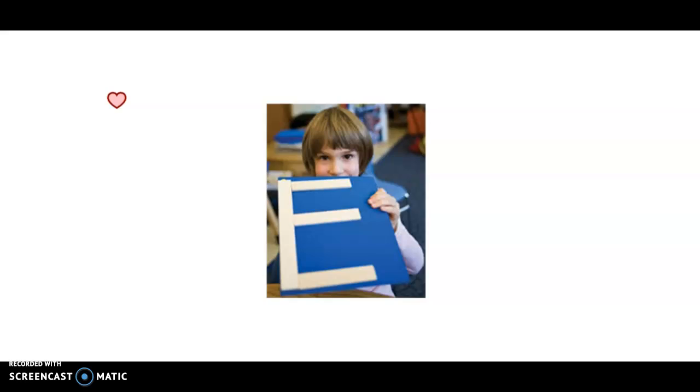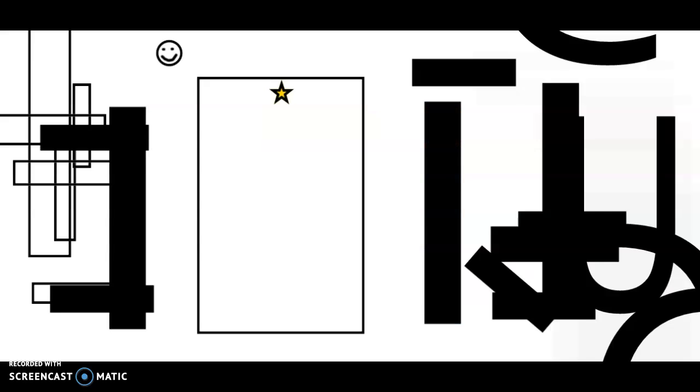Where do you start your letters? At the top. If you want to start a letter, then you better remember to start it at the top.